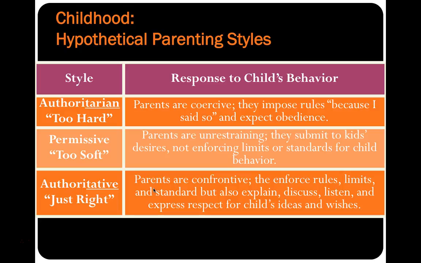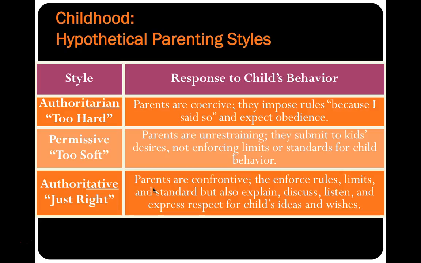And then there's the authoritative style. Okay, authoritative parents are confrontive. They enforce rules, limits, and standards. Okay, I got two typos there. They enforce rules, limits, and standards, but also explain, discuss, listen, and express respect for the child's ideas and wishes. So it's a reasoning-based child rearing.